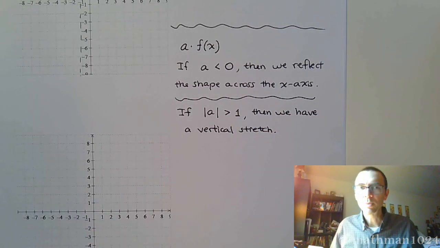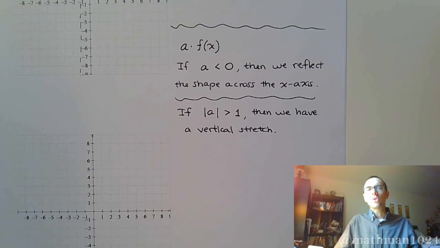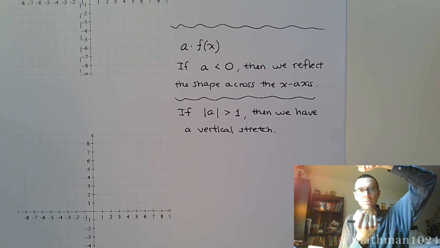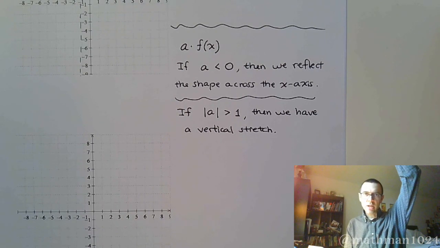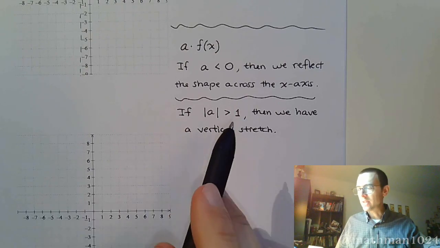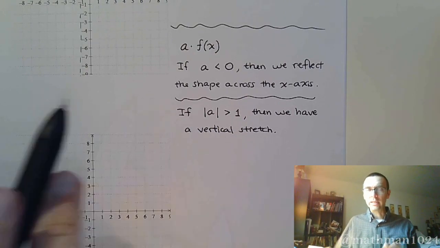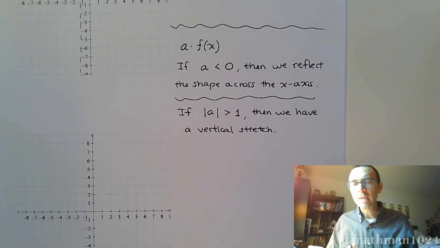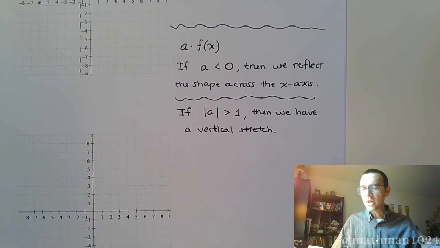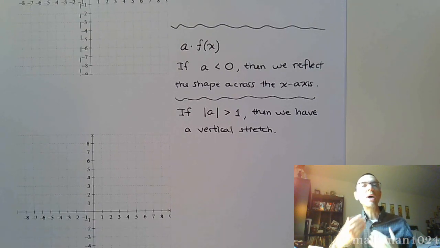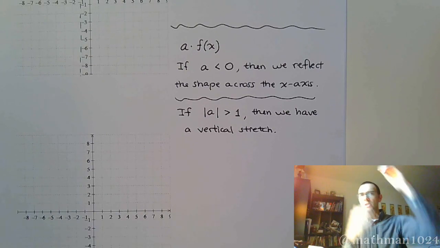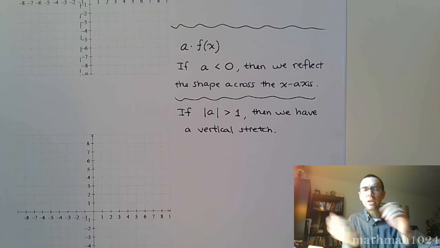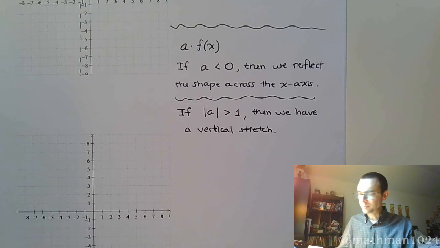That's us taking some kind of image, grabbing those bars, those handles at the tops and bottoms, and stretching it out. That's what having a value of a that's greater than 1, at least in terms of absolute value, is going to do. You stretch it out vertically. Now, it gives the appearance of being skinnier, but you have to make sure you understand that the perspective we're taking is how is it changing us vertically? It's stretching us out. We're not talking about what it does left and right. Vertically, it's going to stretch you out.